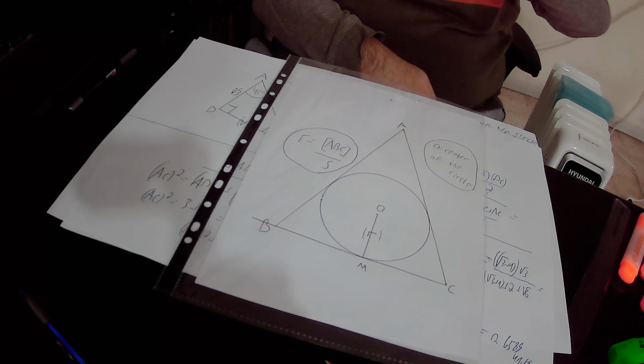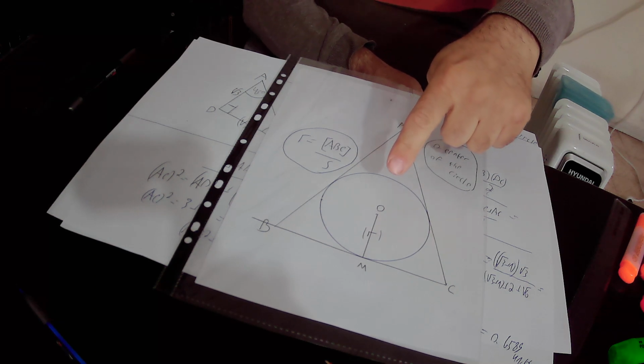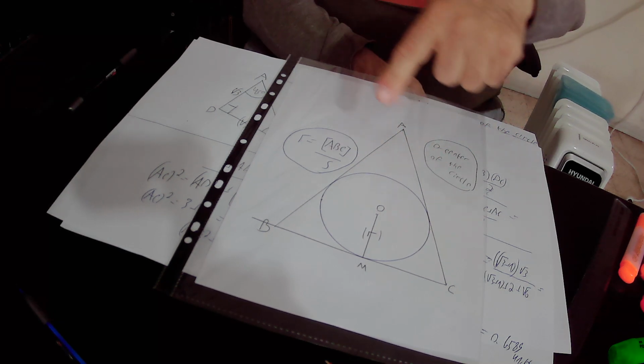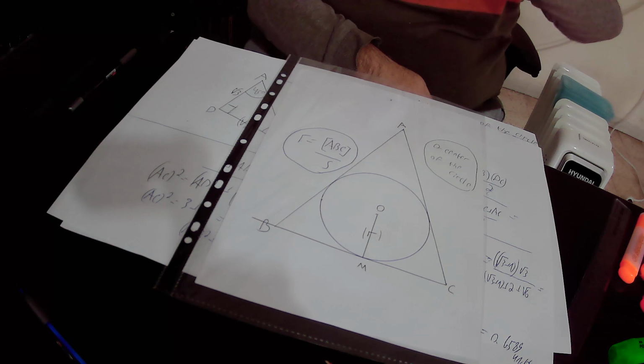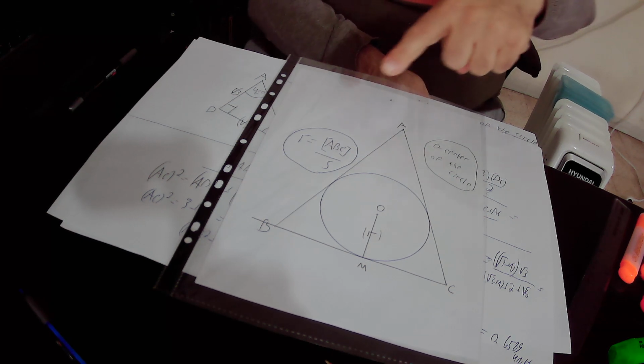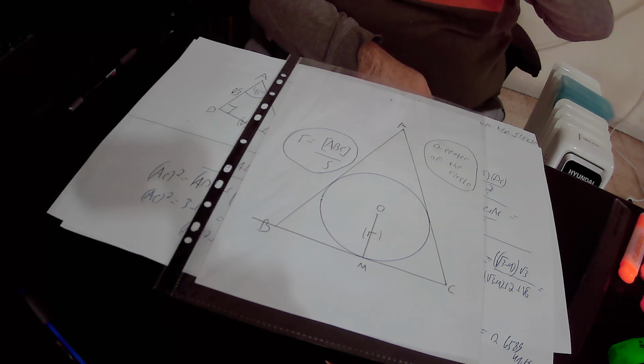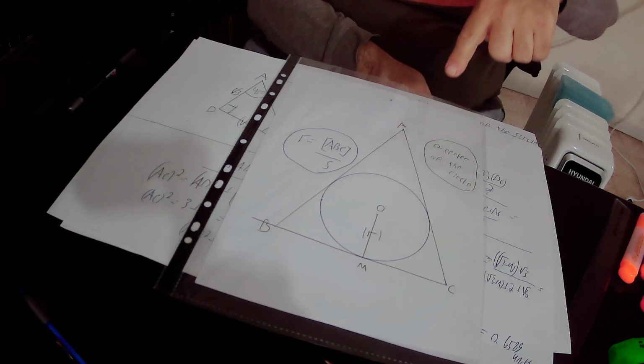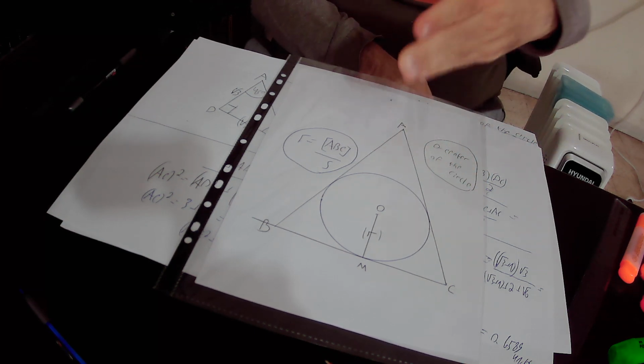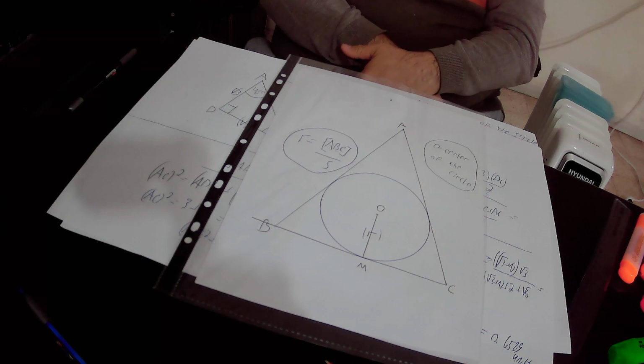According to rule number 15, we can find the radius of this circle only by knowing the area of triangle ABC and the sides of triangle ABC.